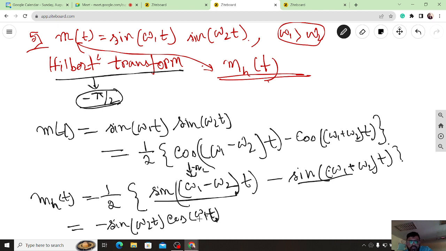That is a trigonometric formula that we can use. Okay.